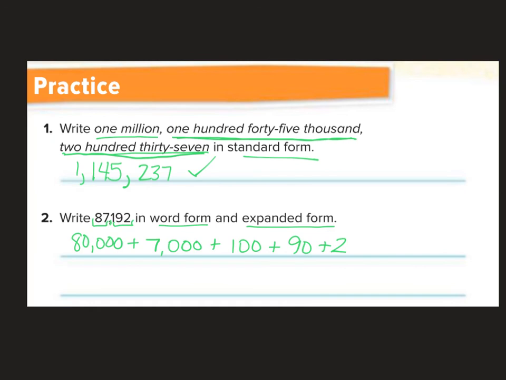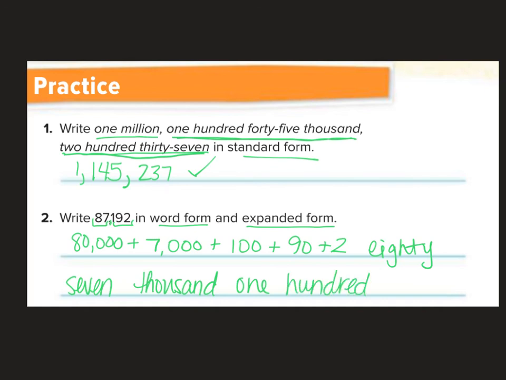Now for word form, I'm going to write 87,100. Oops, put a comma after that. 92.